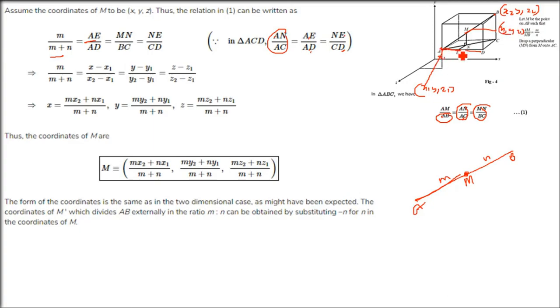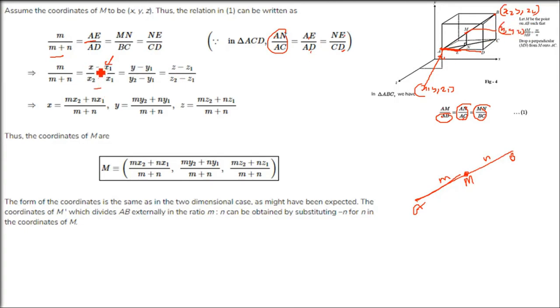So when you have AE, basically this A point is x1, and the M point is x. If you subtract x1 from x, you will get AE. In order to get AD, just subtract x1 from x2.